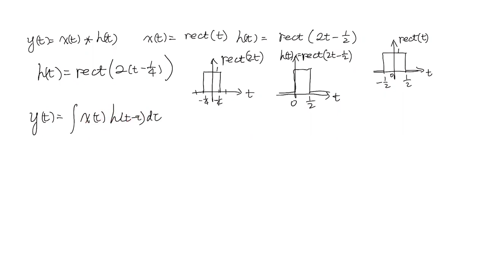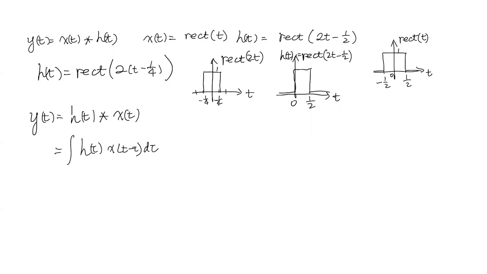Neither of them is overcomplicated, but in this case it doesn't work well, because x of tau is already very simple and h is already complicated. Then you make it further complicated. So we would prefer to do this expansion, which means that we are going to do h of t convolve with x of t. The convolution operation commutes, so we have no problem doing that.